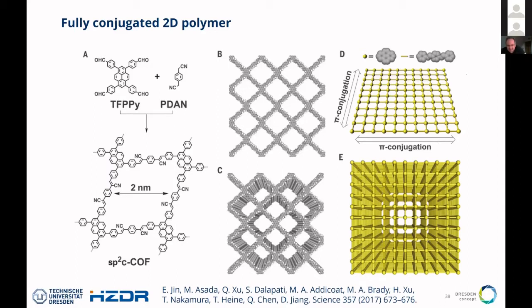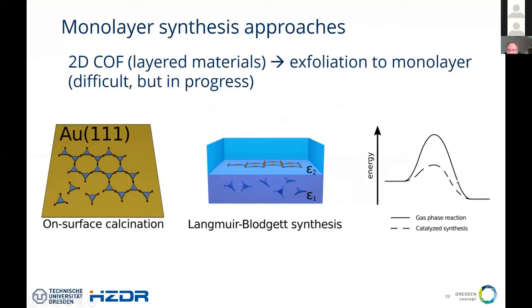Good. But these are COFs. And in COFs, we have interlayer interactions, and the interlayer interactions will very strongly distort the properties of the two-dimensional network. We have to do something about it. We have to go to two-dimensional structures. This we can do. In order to go to monolayers, we can use a couple of tricks.